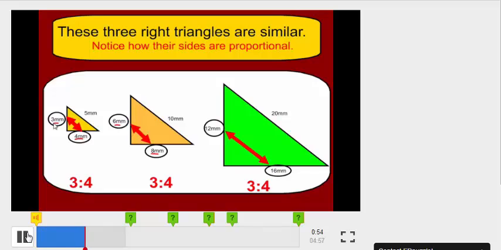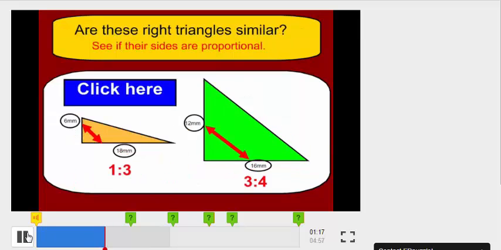Well, that simplifies to 3 to 4. It has the same ratio as the first triangle, and the largest right triangle has the same ratio as the first two. It's 12 to 16, and 12 to 16 simplifies to 3 to 4. So that's how we know that these three right triangles are similar.